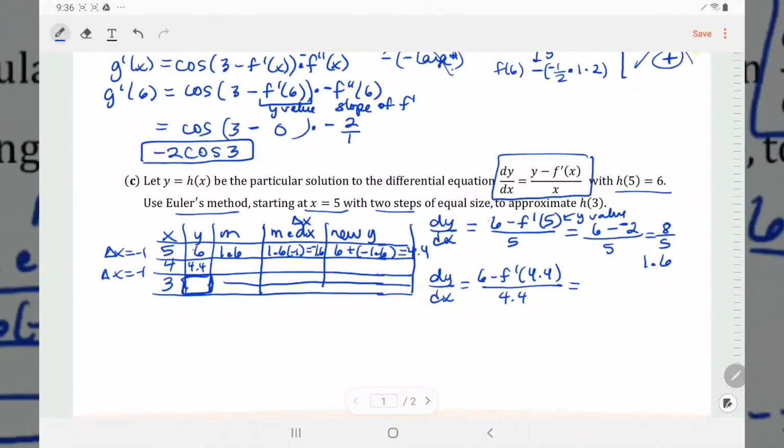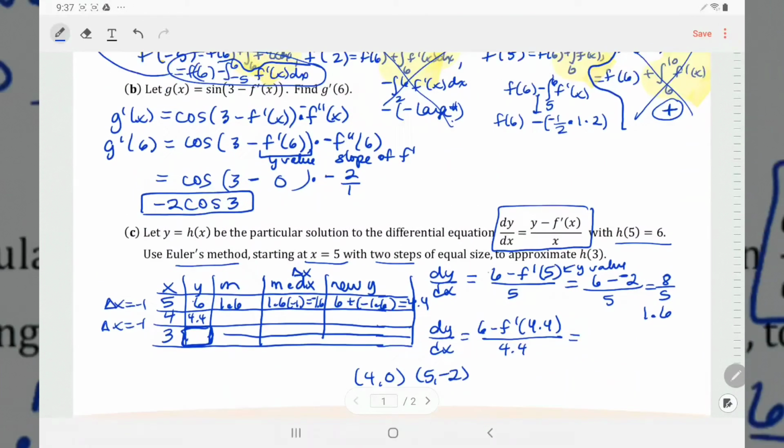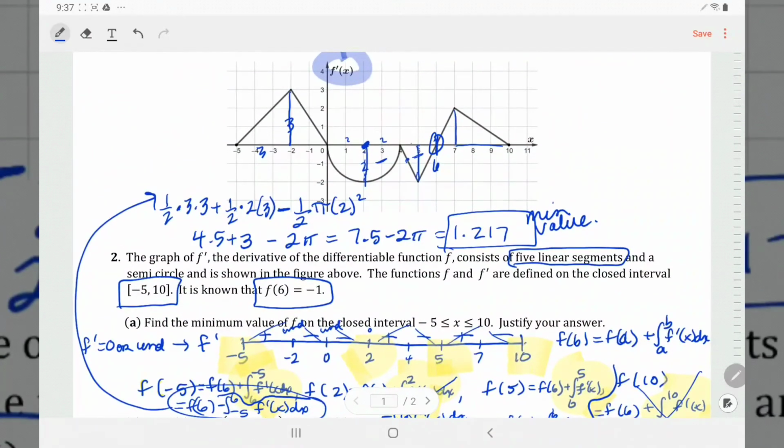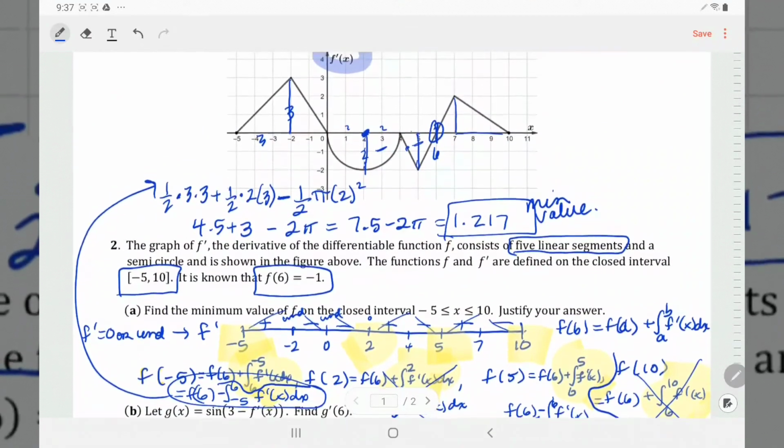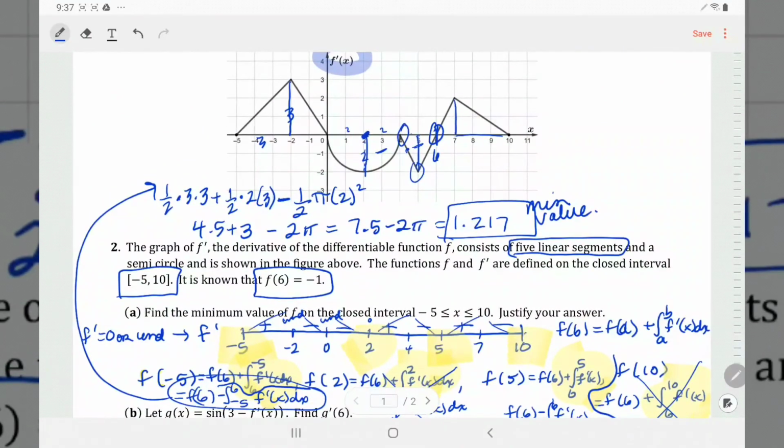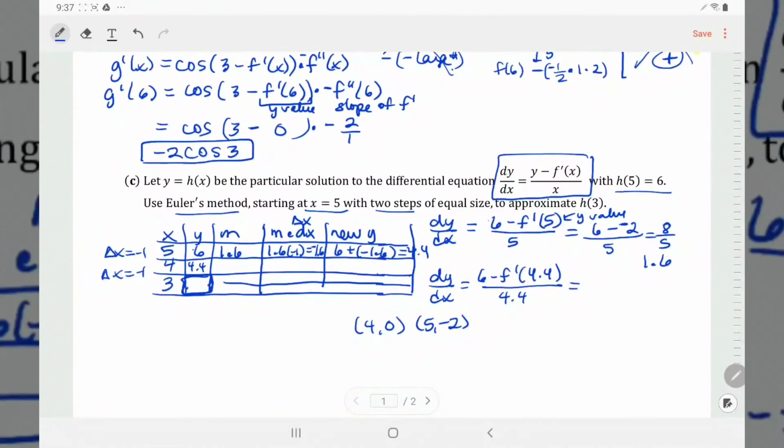So this is a line between 4, 0, and 5, -2. And then I need to plug 4.4 into the line. So I'm thinking, let me just use this method. Okay, so this would be y minus 0 equals m times x minus 4. And what's the m between those 2 points? That would be y2 minus y1 over x2 minus x1. I think they did say that you wouldn't necessarily be able to finish all the questions.